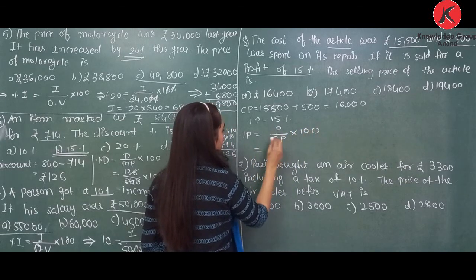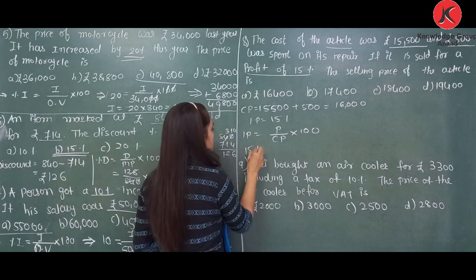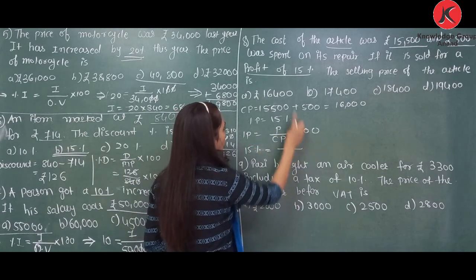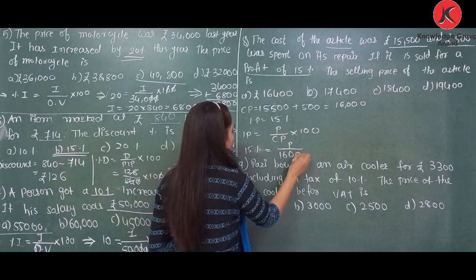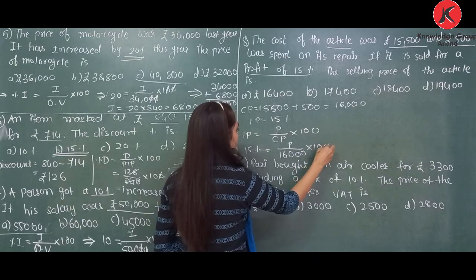Percentage profit is equal to profit divided by cost price into 100. So profit is 15% of cost price, 16,000 multiply 100. 20 will be cancelled.